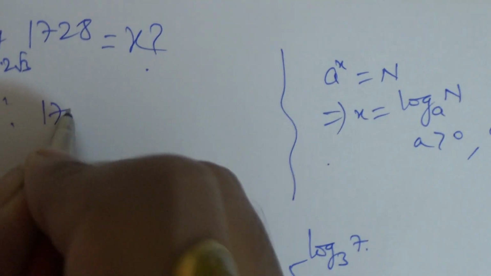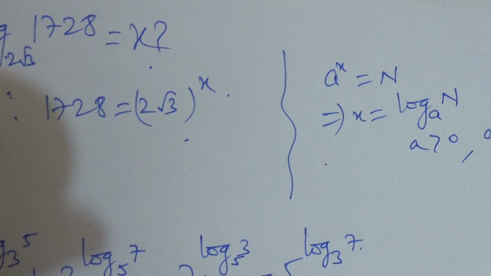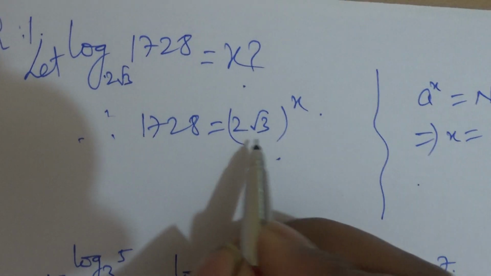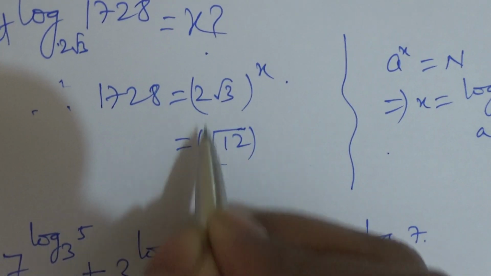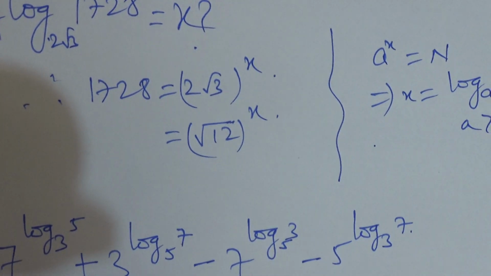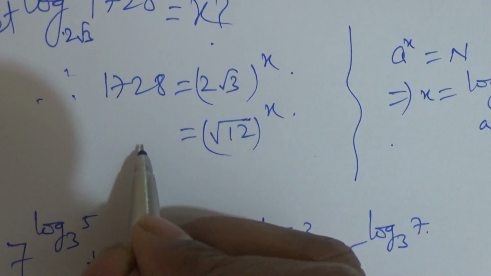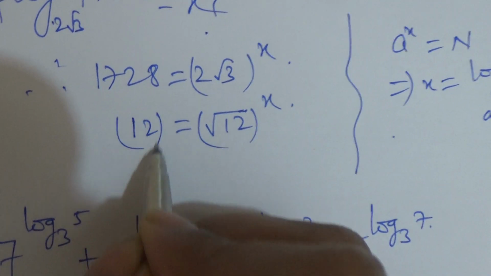So now 1728 can be written as 2 root 3 to the power x. And interestingly, if we take the square root of this, the 2 will move under the square root, it is 12, and 1728 is 12 cube.